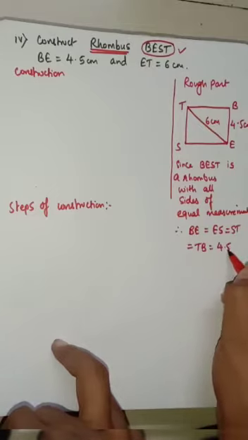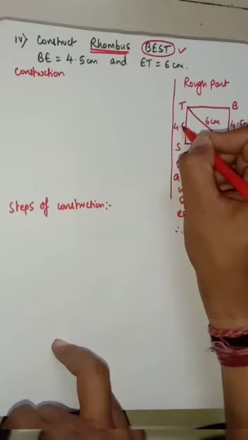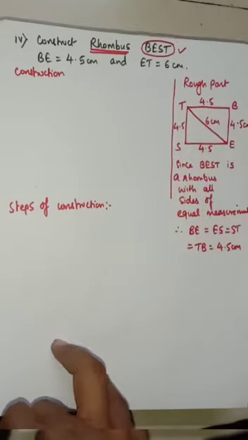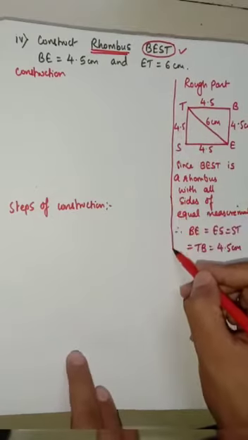All sides will be 4.5 centimeter. So this will also be 4.5, this will also be 4.5, this will also be 4.5. Now we have all four sides and one diagonal, so we can start the construction part.